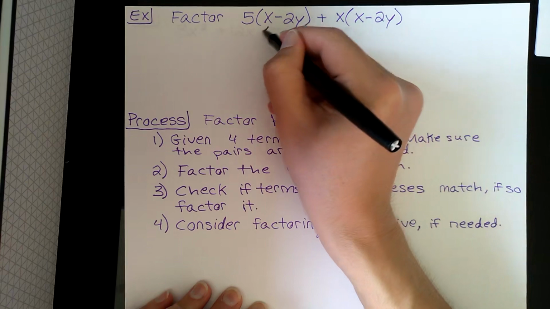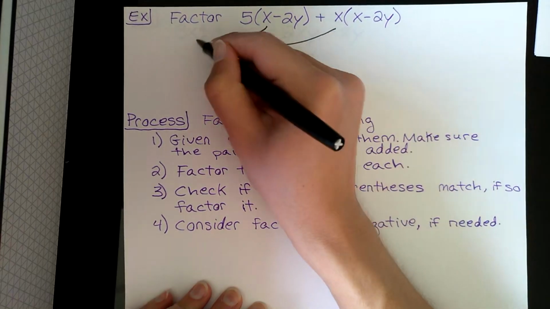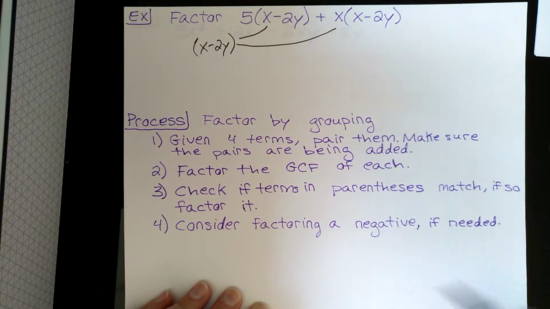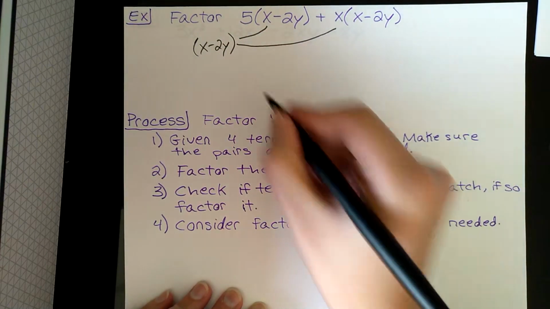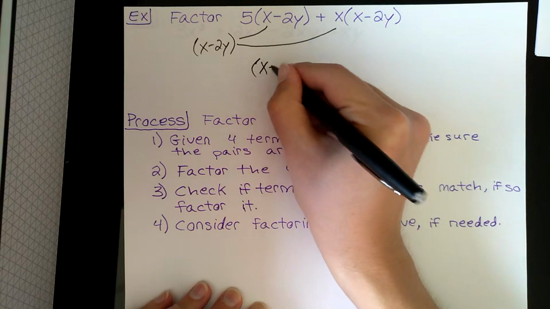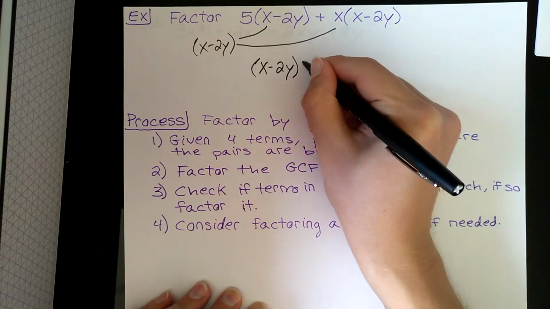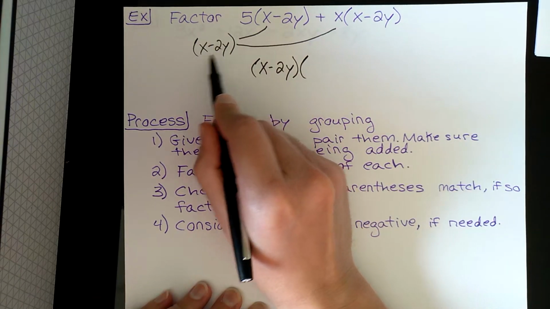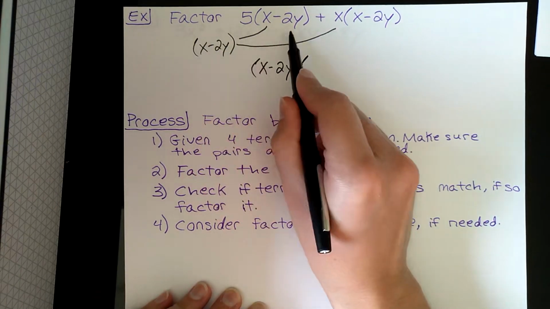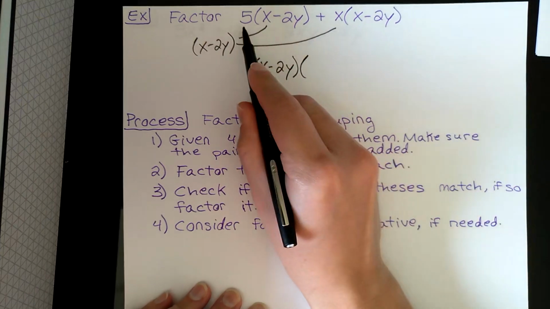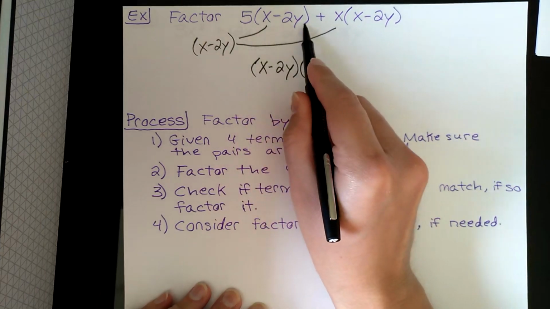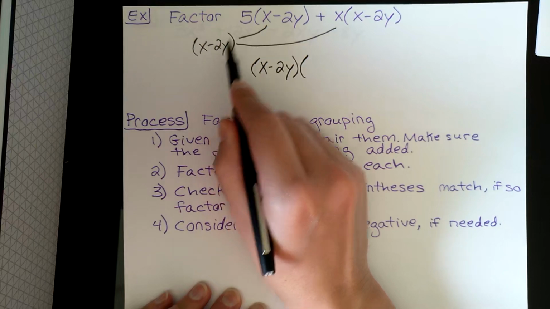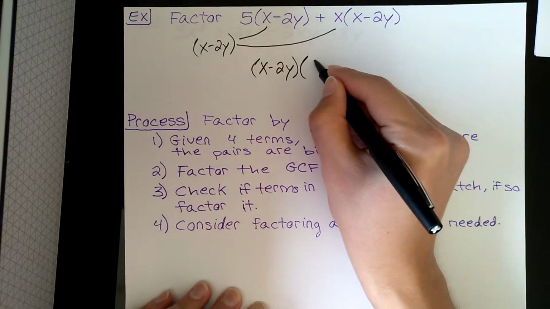So we are going to factor out the quantity of x minus 2y from each term. And when we do that, we will get x minus 2y times, and remember when we're factoring this out, it means we're dividing each term by that. So 5 times x minus 2y divided by x minus 2y will just leave us with the 5.